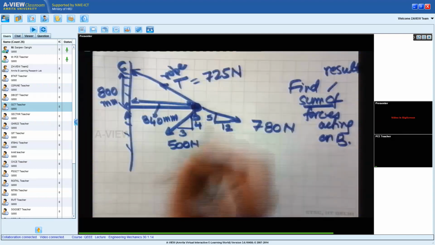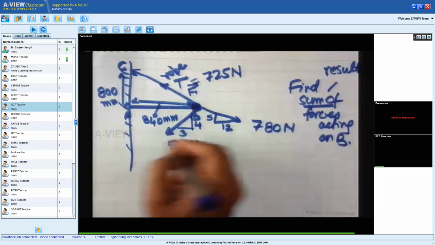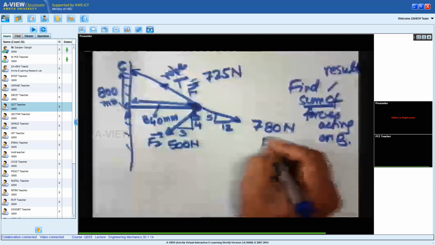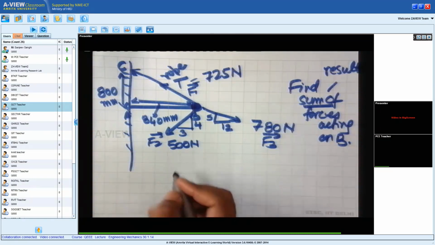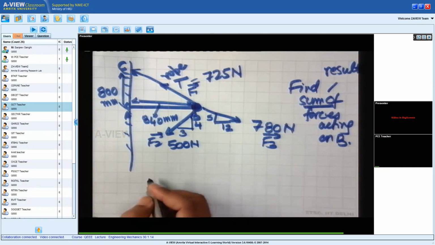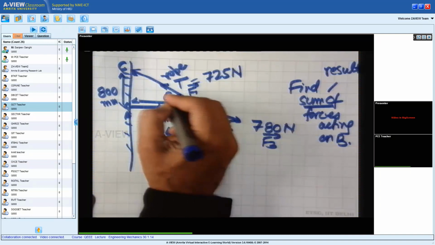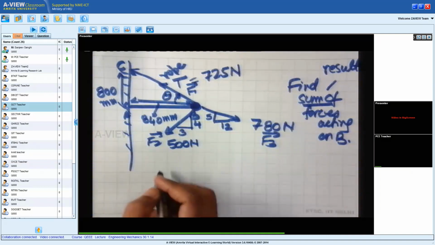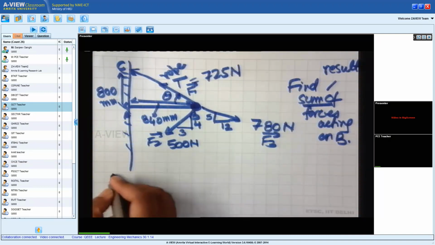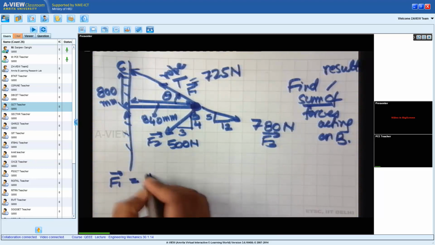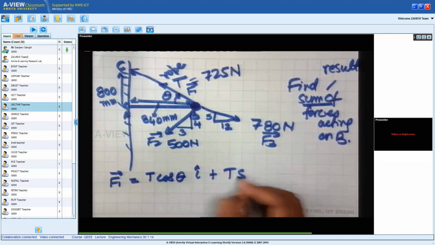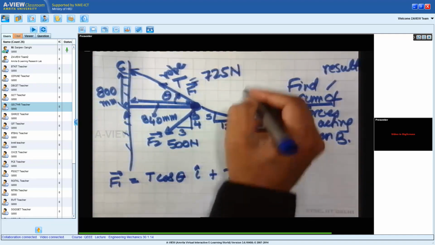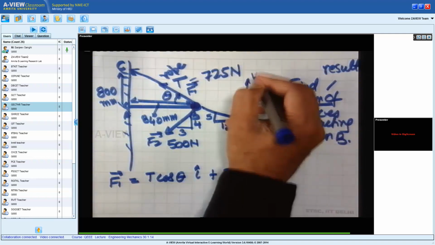So now let's call this force F1. Let us call this force F2. Let us call this force F3. So to find the force, what we have to do is express each of F1, F2 and F3 in terms of I and J. So now if this angle is theta, F1 will be equal to T cos theta I plus T sin theta J, where for the final answer, I am assuming X and Y like this.